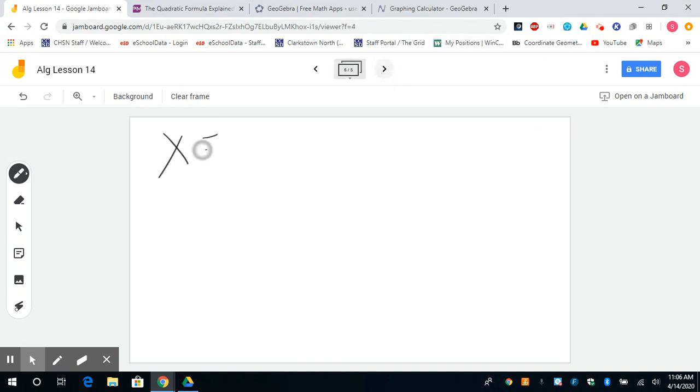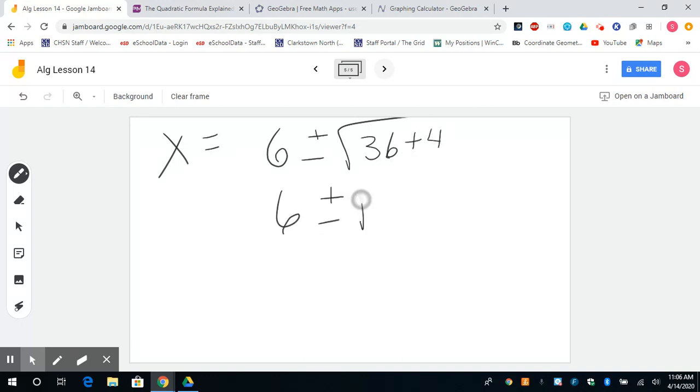So x equals 6 plus or minus the square root of 36 plus 4. We get 6 plus or minus the square root of 40. So you could leave your answer like this, but the reason why we practice simplifying radicals is because this can be simplified. If you think back to our perfect squares, we have 1, 4, 9, 16, 25, 36.